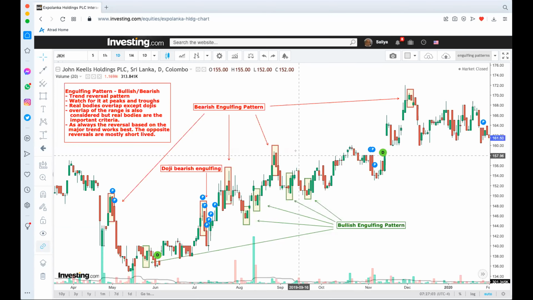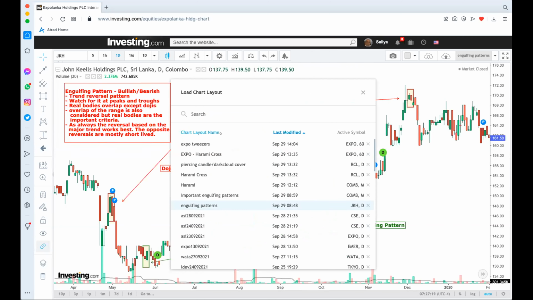So either to accumulate or to trade, you have to understand the importance of the major trend.